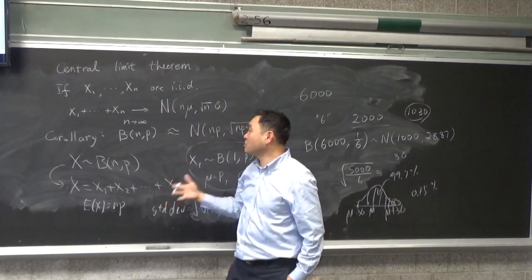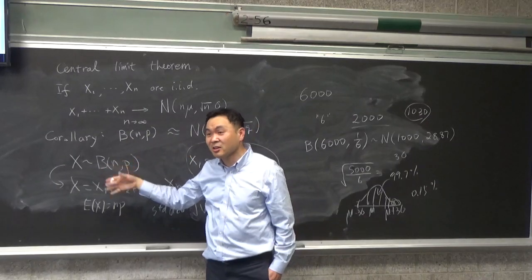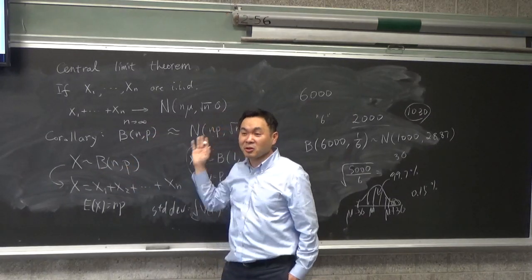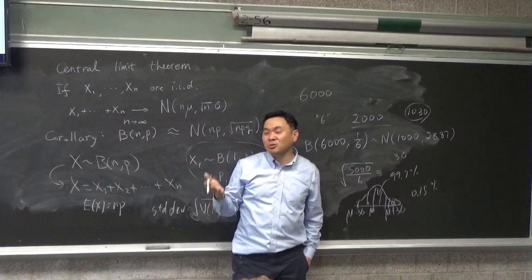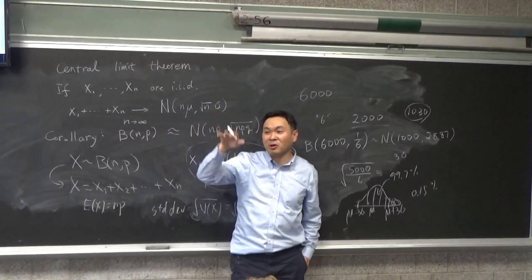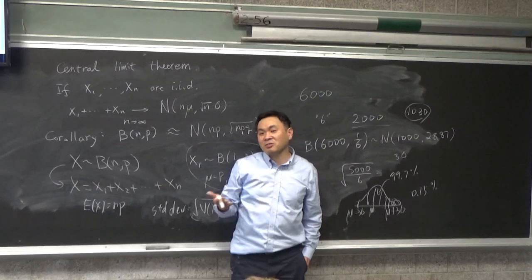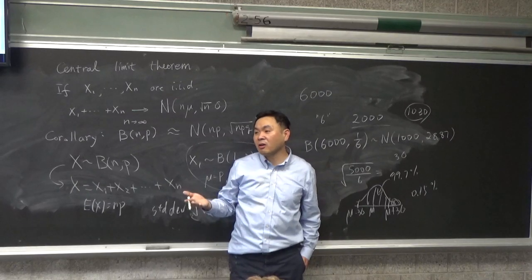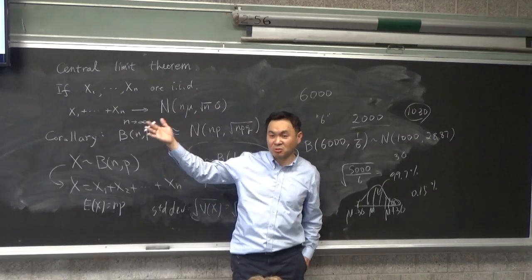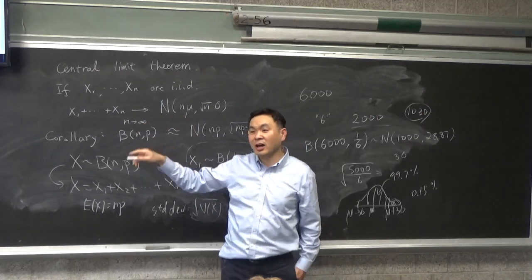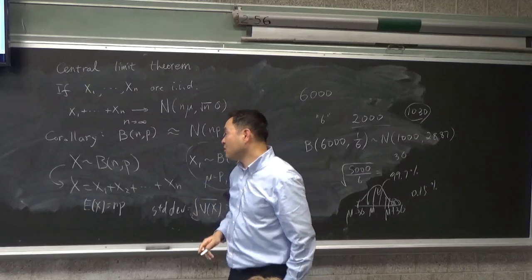The central limit theorem says that if you do something repeatedly, then it will look like a bell curve. And that explains why in nature you see so much of this bell curve. For example, if you take the heights of adult males between 20 and 50 years old, the heights will show a bell curve. Why is that?